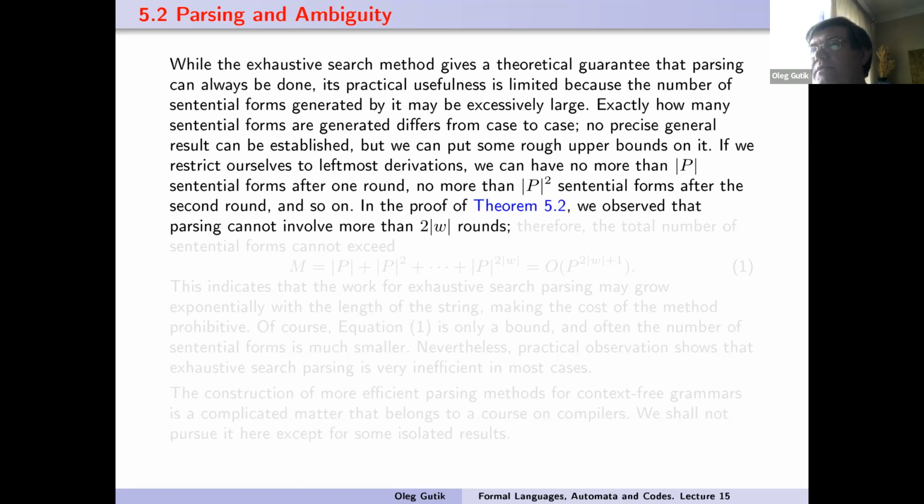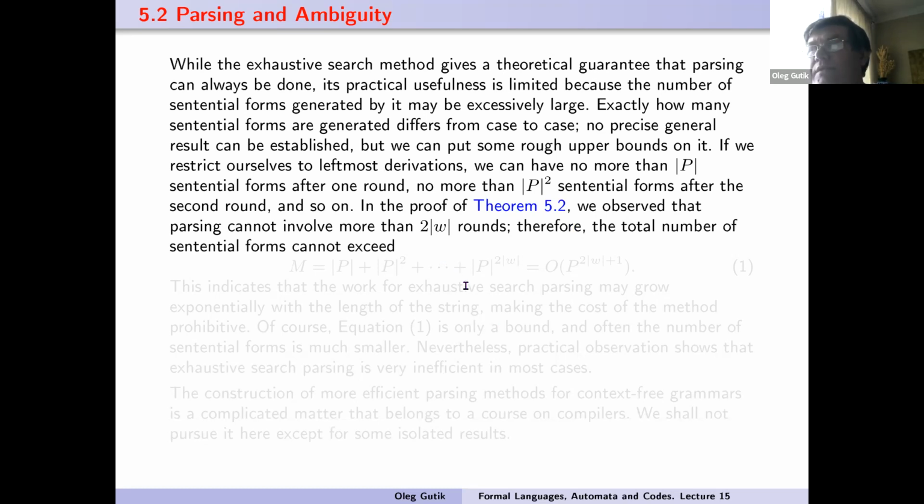In the proof of theorem 5.2, we observe that the parsing cannot involve more than 2 multiplied by the length of the word W rounds.